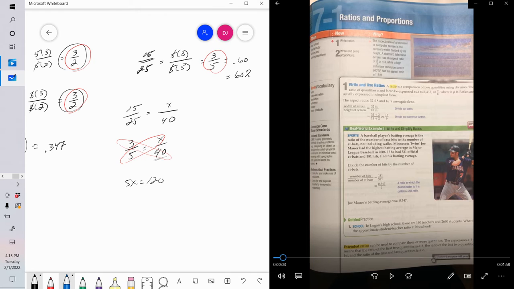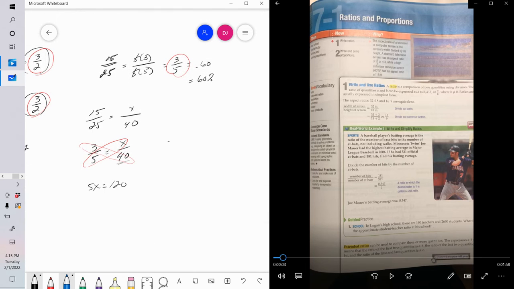Okay, the reason that works, by the way: 3/5 is equal to x over 40. Basically, what I can do is multiply both sides by 5. So that gives me 5 divided by 5 is 1, so 3 is equal to 5x over 40.